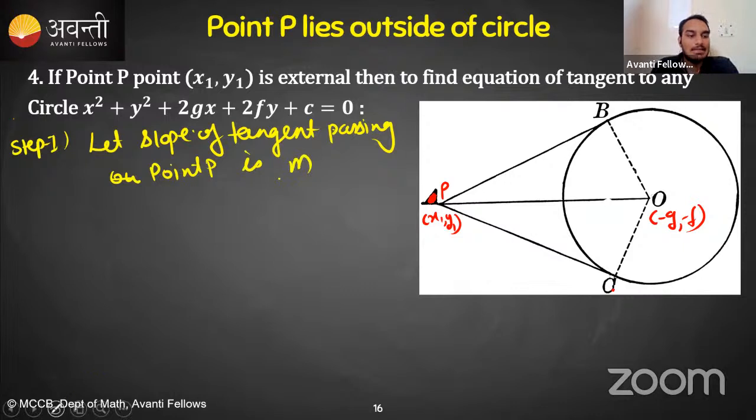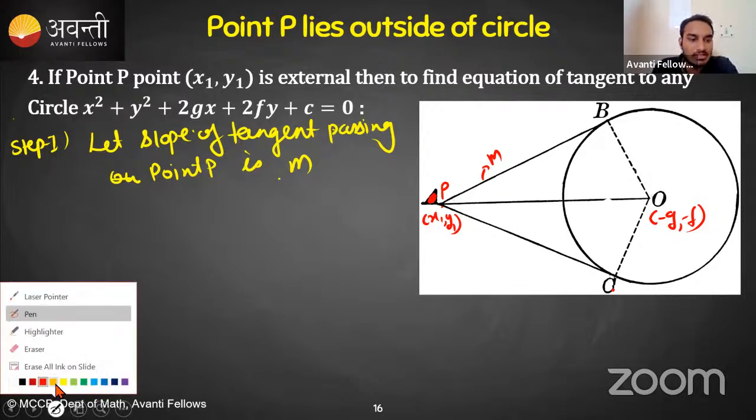So always assume that the slope is m. As you can see from the diagram, there will be two tangents passing through this point P. We will prove it, don't worry about it. There will always be two tangents.